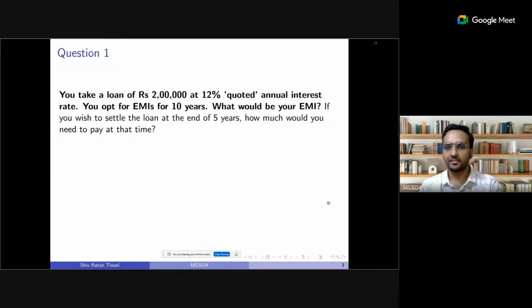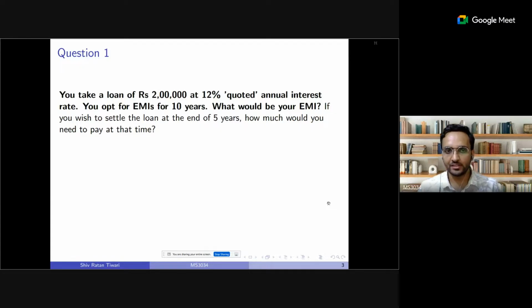This is taken for simplification purposes. So for example, in this loan you opt for an EMI of 10 years, and the question is what will be your equated monthly payment or EMI for this loan.